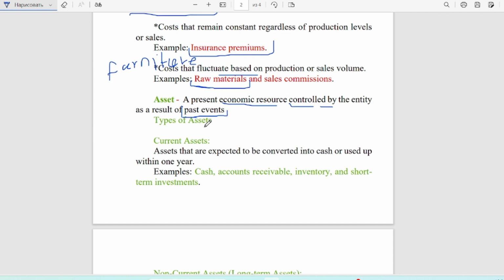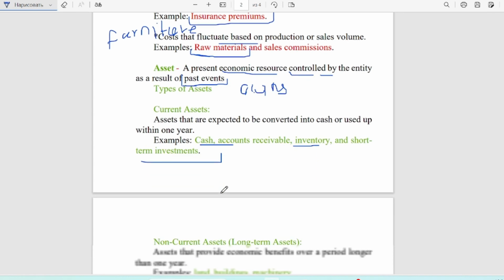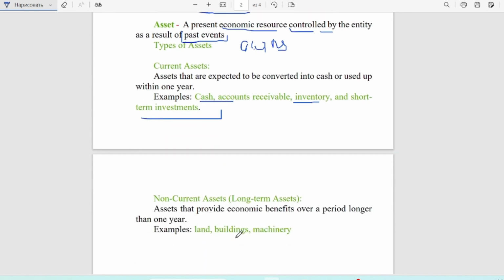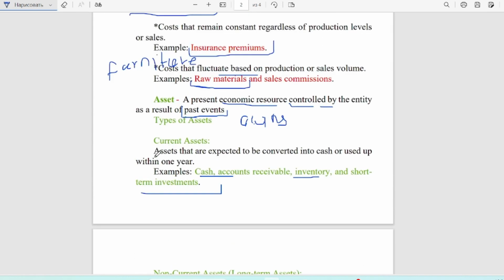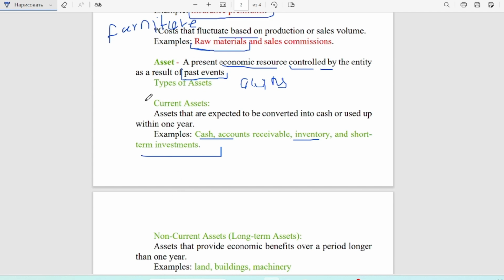If we talk in our simple language, asset is anything that company owns. Let's say cash, accounts receivable, inventory, or short-term investments, or land, buildings. Actually, assets are divided into two types.